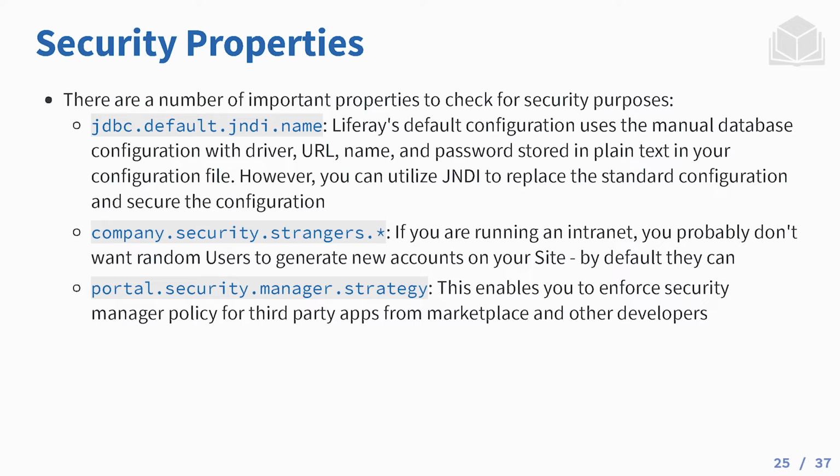And you can easily do so by, for example, configuring a JNDI name for your database connection. Now, this effectively offloads the requirement to have the clear text password readily available to your application server. And Tomcat, for example, stores it in clear text on the drive. Now, is that what you want or not?